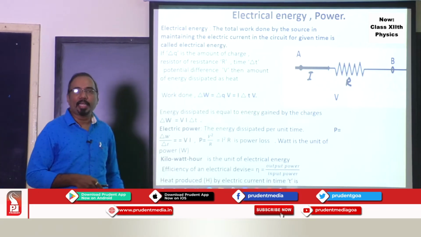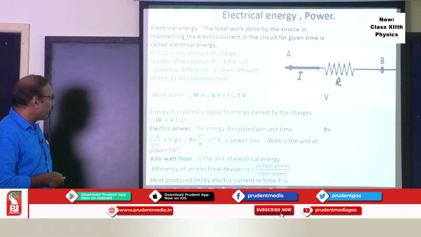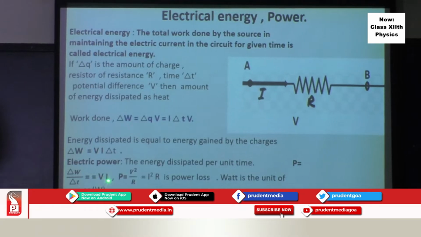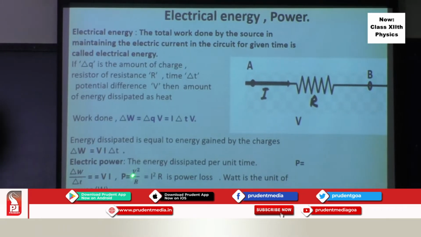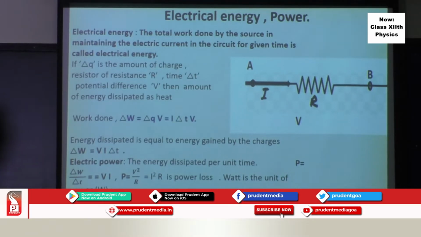If you want to define electric power, that is the rate of doing work. So the rate of electrical energy upon time, that will be power. VI, I can write it as V square upon R or I square R, is the power loss, and the unit is watt. And the unit of electrical energy is kilowatt hour.